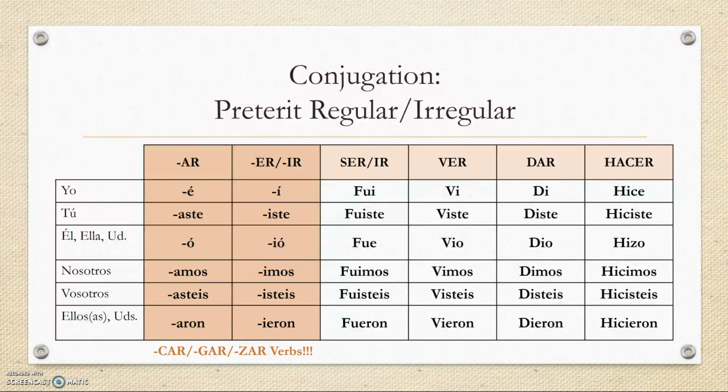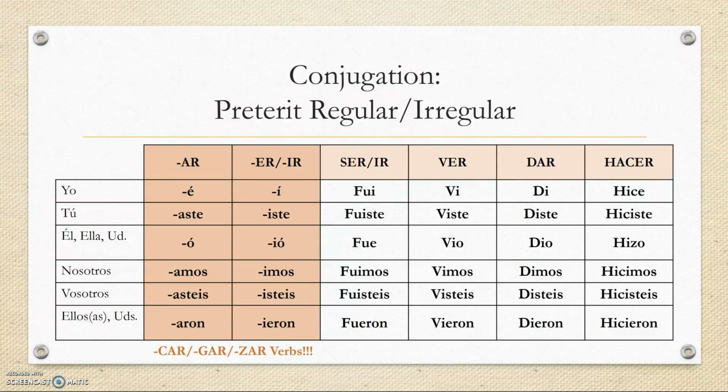So our endings for normal, regular AR, ER, IR verbs are: é, aste, ó, amos, asteis, aron; í, iste, ió, imos, isteis, ieron. We also learned that there are 5 main irregular verbs, and that the irregular verbs hold no accent marks.